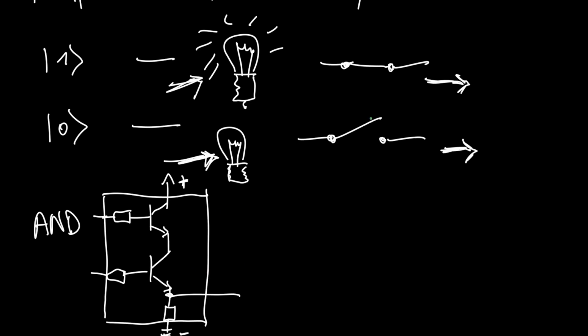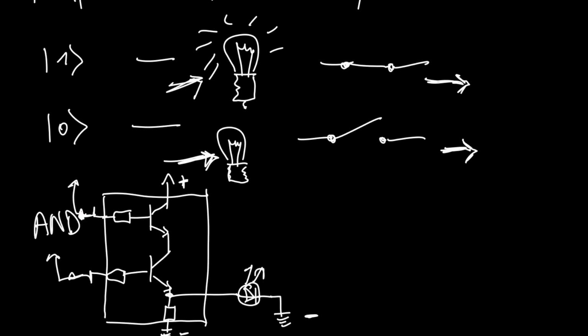So yeah, and then we can put here some switches. We can put here a lamp bulb or LED, like that. This is gonna be battery minus, this is gonna be battery plus, and we can have a circuit.